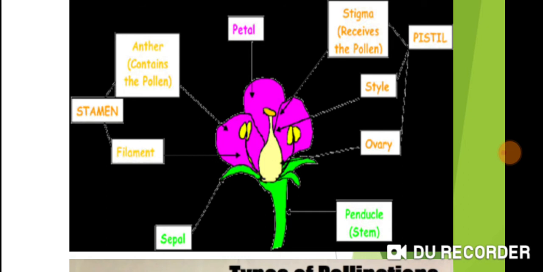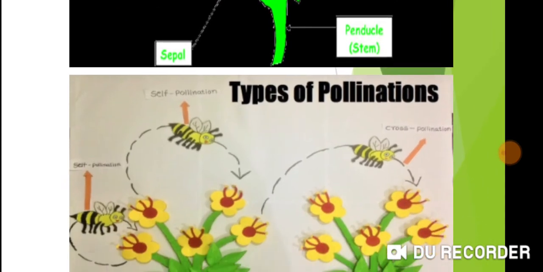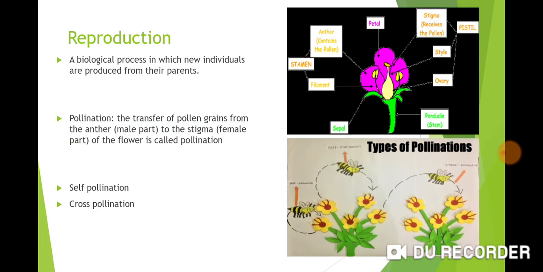Pollination is basically of two types. There are two kinds of pollination known as self-pollination and cross-pollination. Self-pollination takes place within one flower or within one plant. Take a rose plant having two to three roses on it.